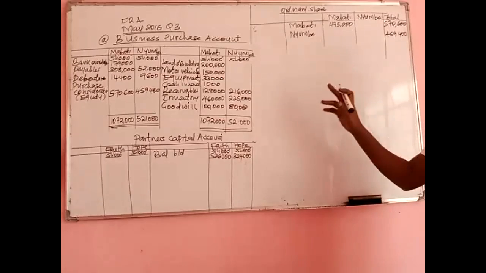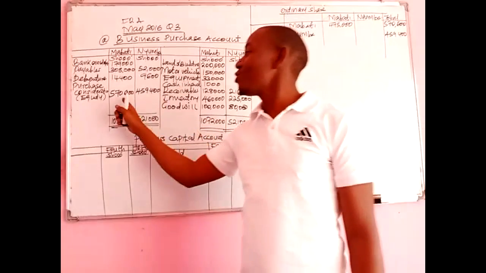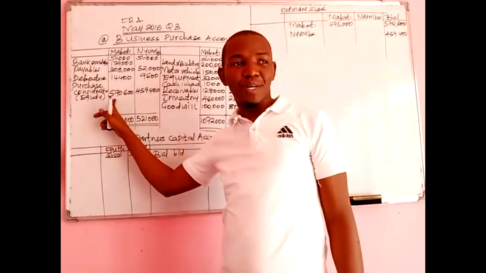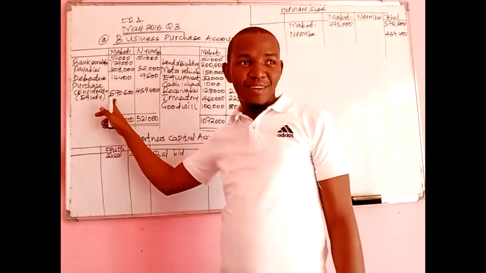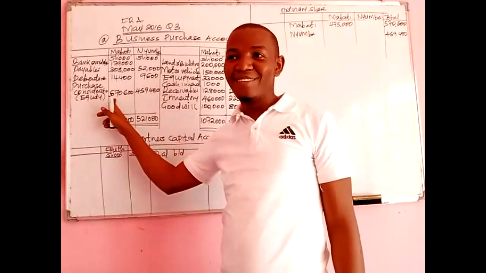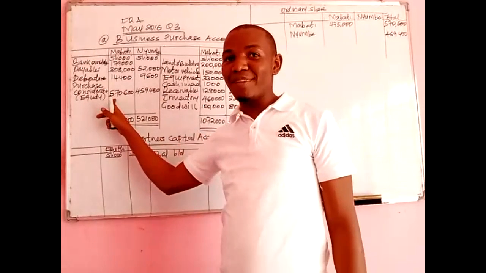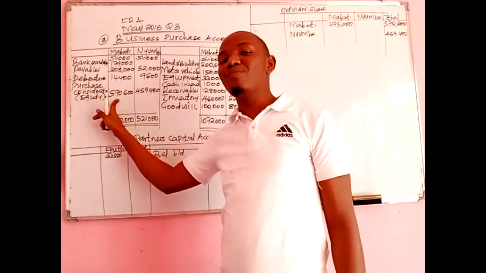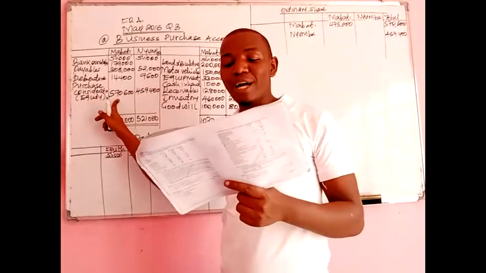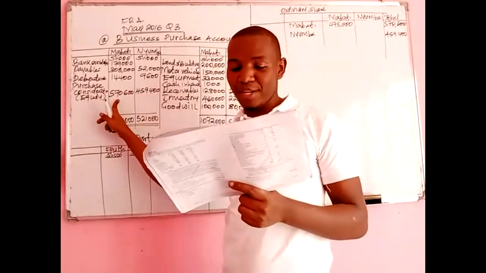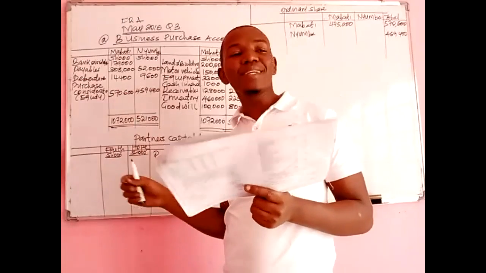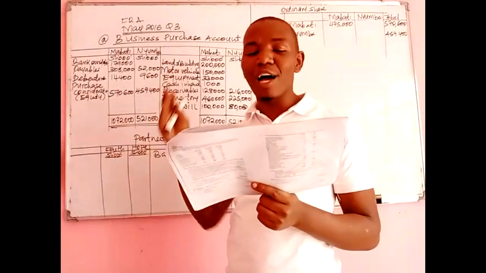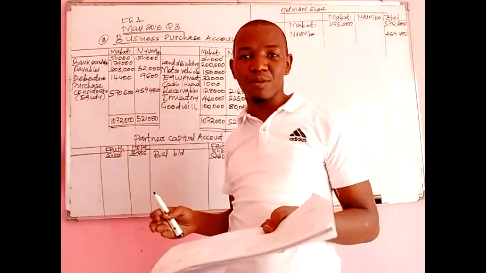The reason we want to settle this purchase consideration is because when you look at additional information number 3, on 1st January 2016, the purchase consideration was settled by allotment of fully paid ordinary shares.